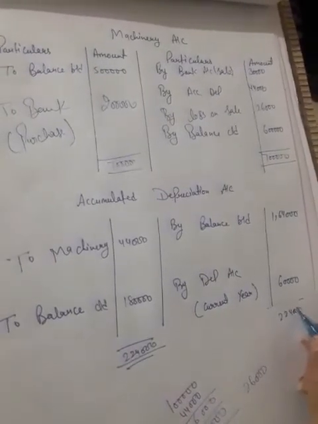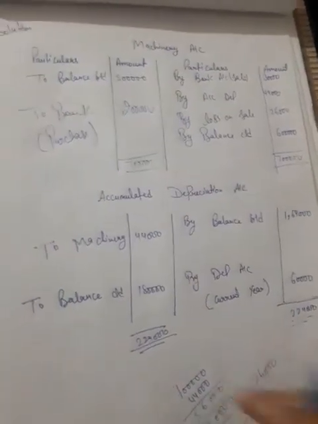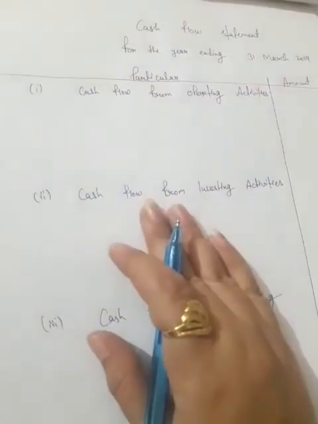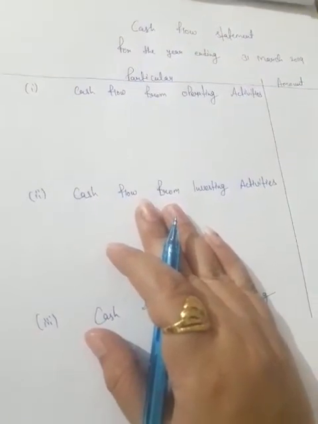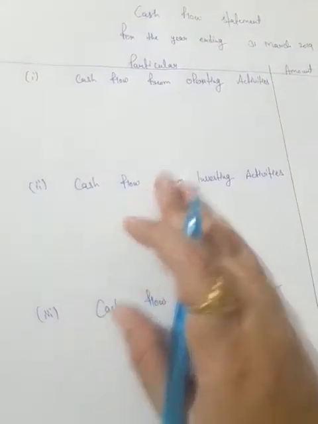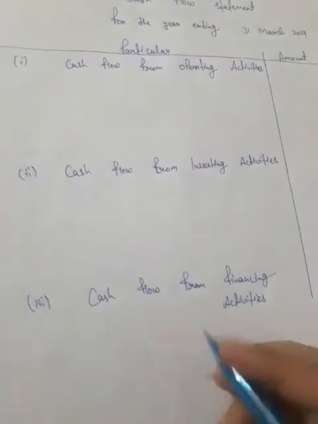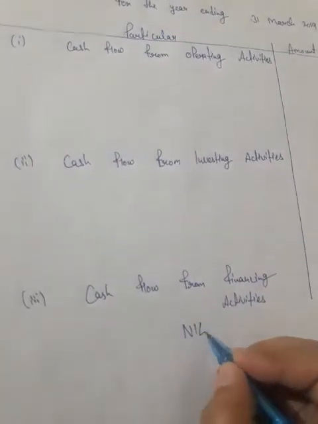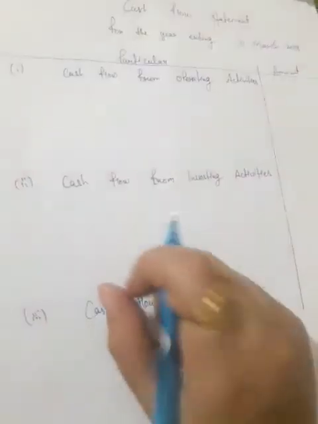So it is important: if there is additional information, we will prepare a separate account for calculation. So in this sum we will prepare the cash flow statement for the year ended 31st March 2019. We will prepare these three activities, but this activity is not discussed today. We will discuss these two activities.